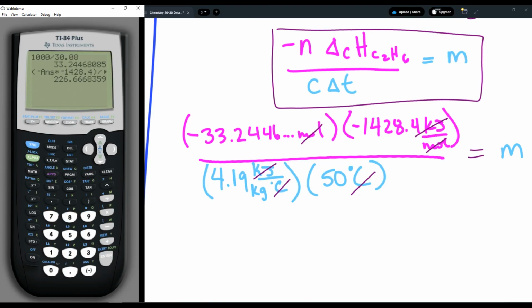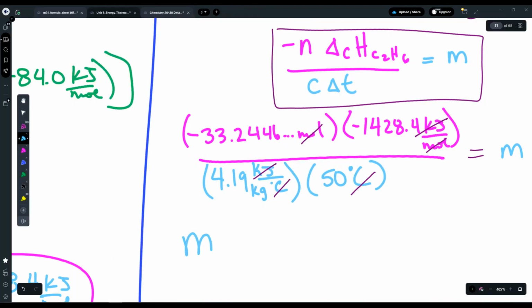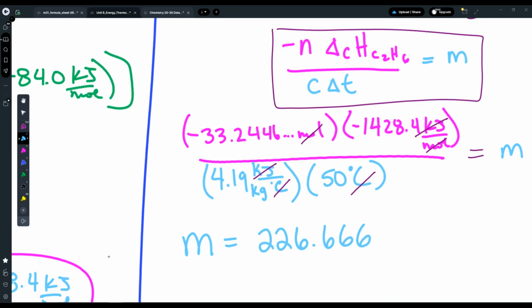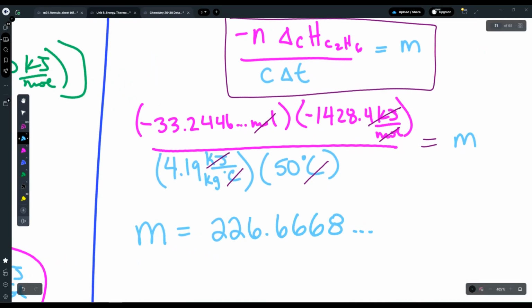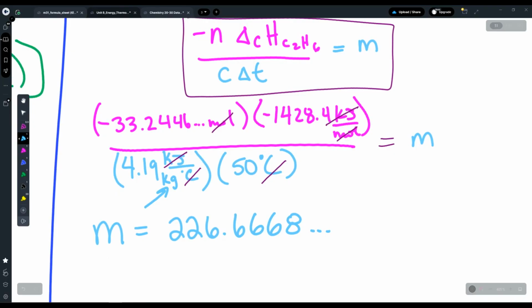Okay, so we get 226.6668. And our units are going to be kilograms because that's the only thing that didn't cancel out.